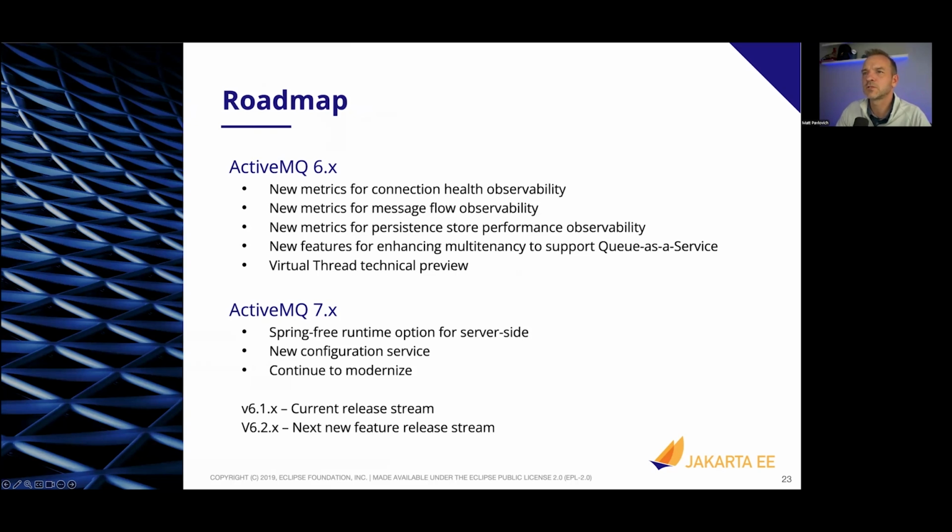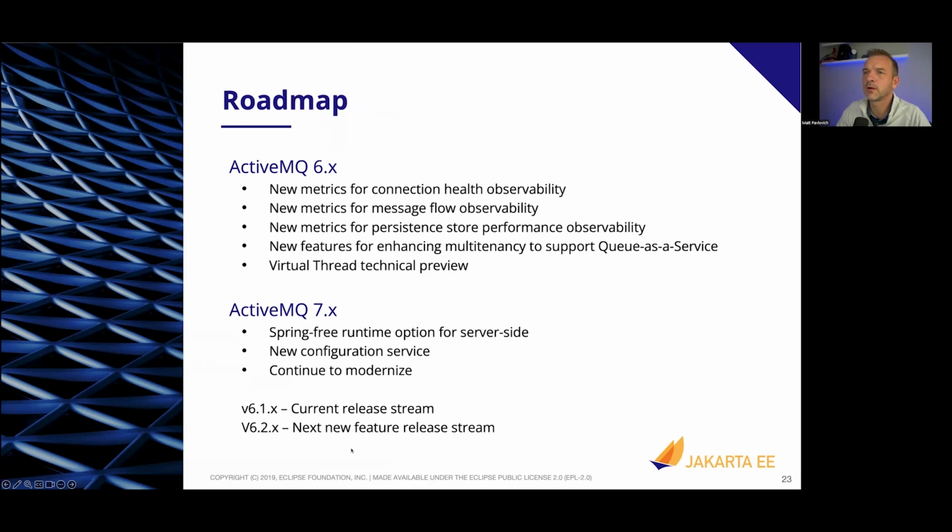And just in general, adding more features to enhance multi-tenancy. Currently ActiveMQ has great multi-tenancy support, but there's always more and more advanced policies that could be added. And so there are new hooks and things being done there to support more capabilities around multi-tenancy. Also really excited to be working on this one.